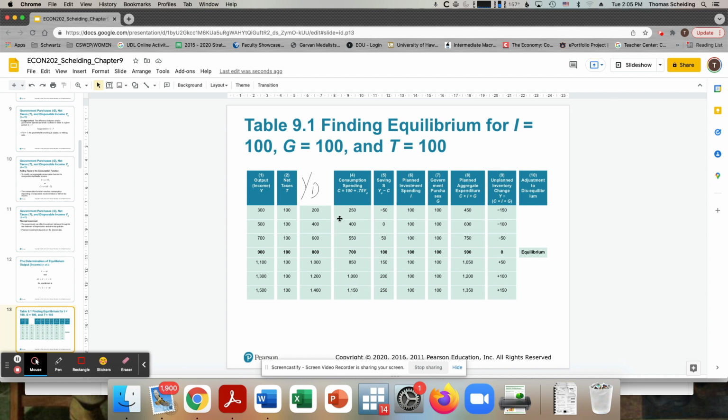Right, and I would just keep going down the line. That's the easiest way to solve this: solve it column by column and go down all the rows. So then I've got my 250. My savings would be, what do I have left of disposable income after consumption? So savings is column 3 minus column 4.